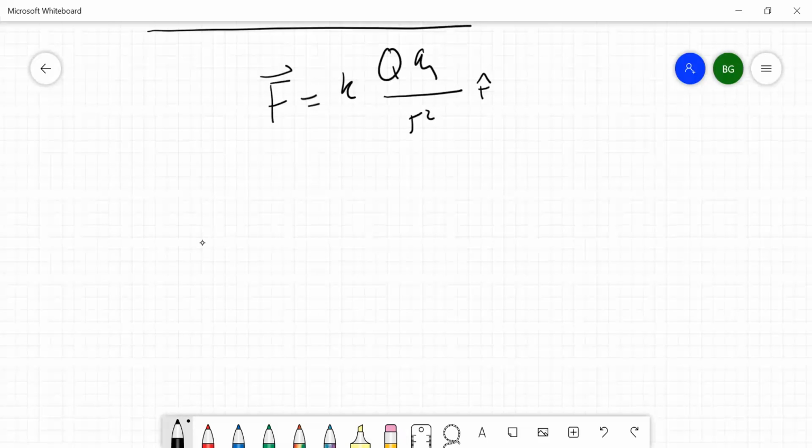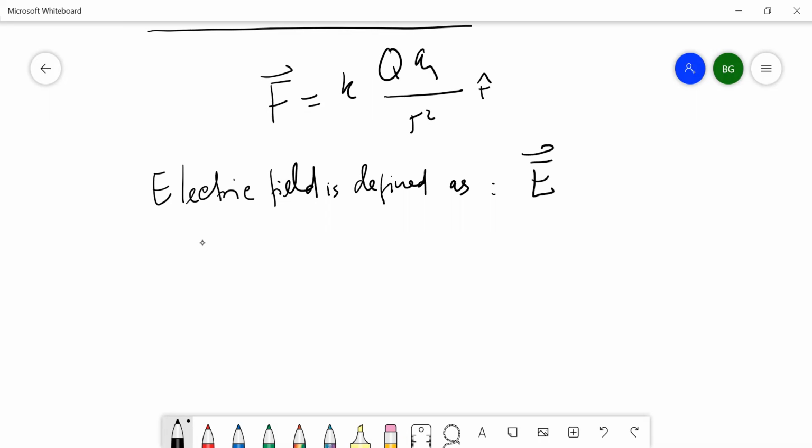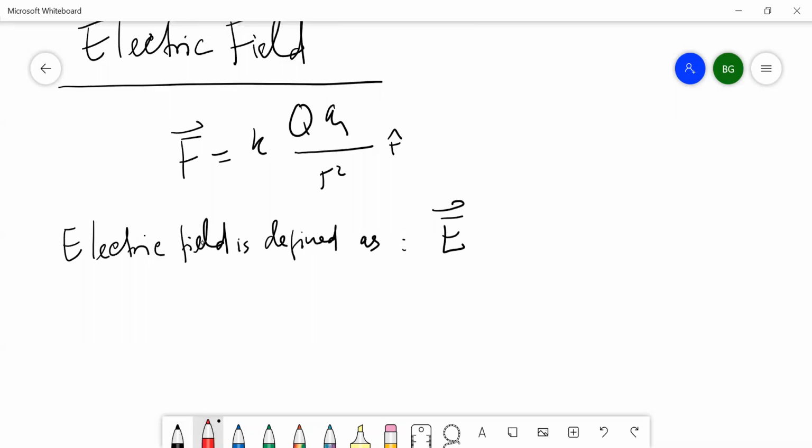So the electric field is defined as E. Let's say this is called the test charge, and this is the source charge.